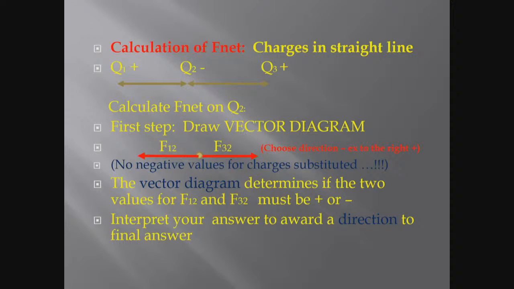Okay, and therefore now what's the important issue here? Now you see that your two forces are acting in different directions, one to the left and one to the right, and therefore you know you must subtract the two values. After you use Coulomb's law to calculate the force of Q1 on Q2, and also a second calculation, again Coulomb's law, the force of Q3 exerted on Q2.